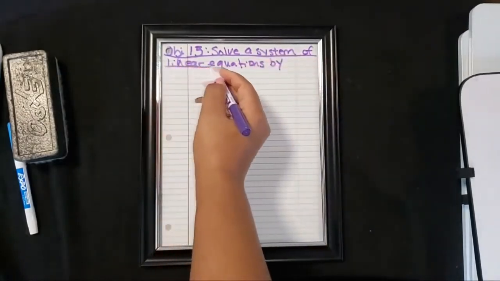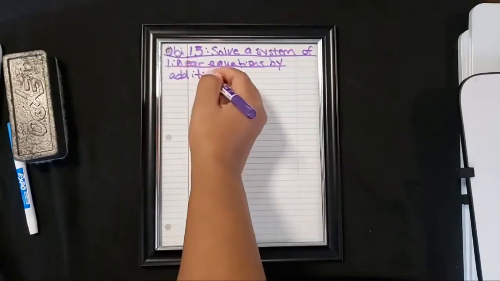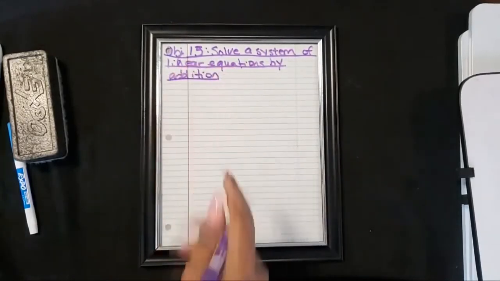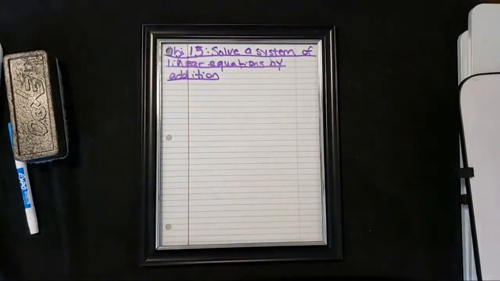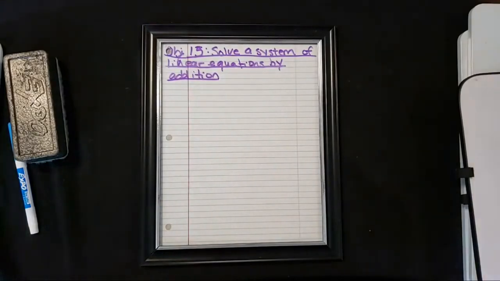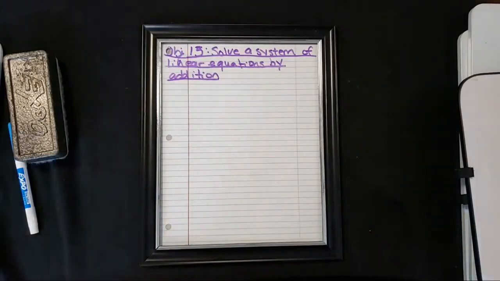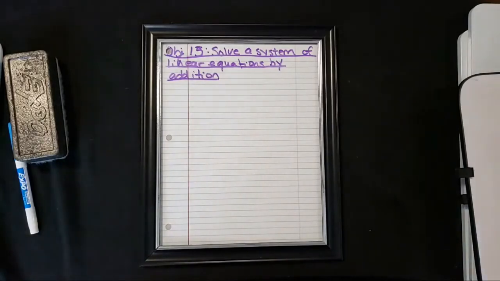In order to eliminate a term, we add the equations together, and the only way it will work is if we have like negative 3x and positive 3x. When we add that together, that's going to be 0. So that's the goal. We're trying to eliminate one of the variables so we can solve for the other variable.